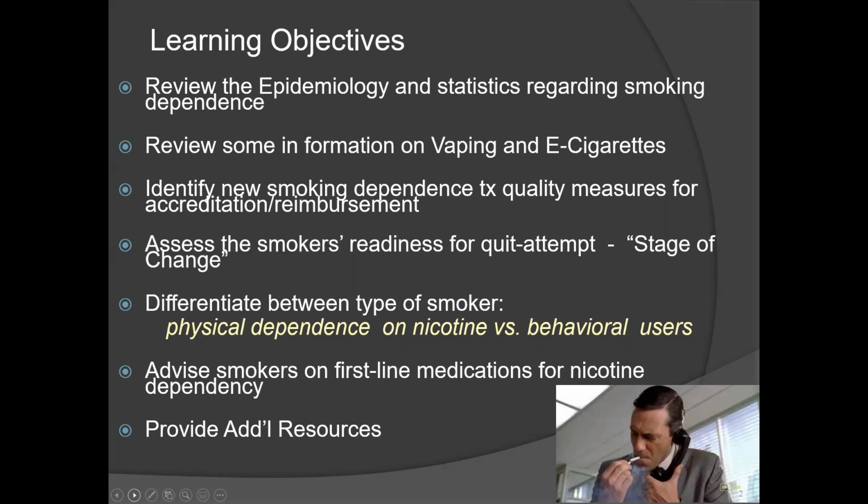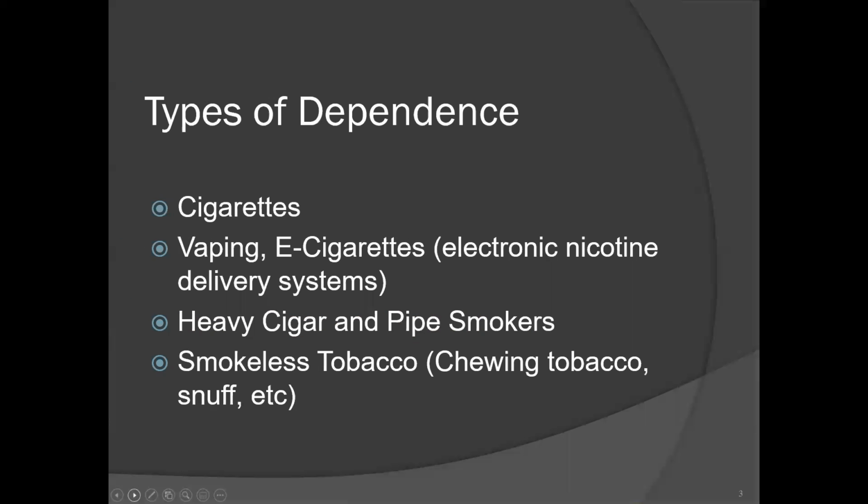Most of the time, it does involve a physical dependence, and many times there's both components to it. There's both a physical dependence as well as a behavioral aspect as well. Advise smokers and nicotine users on first-line medications for nicotine dependency, and provide you guys with additional resources should you want to drill down and learn more about it.